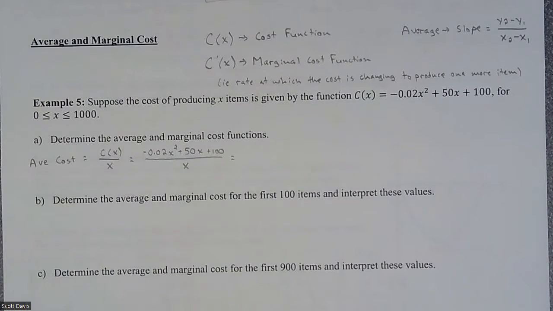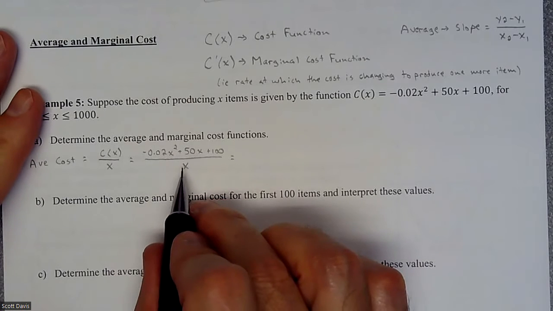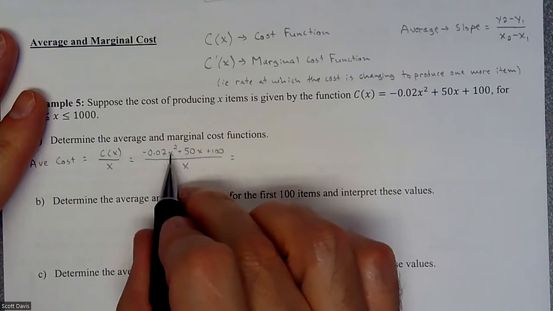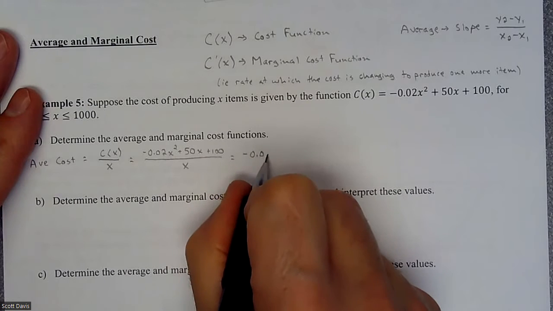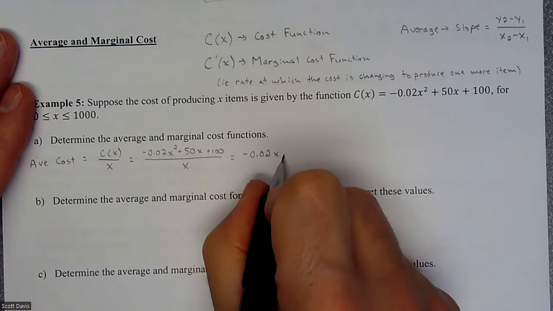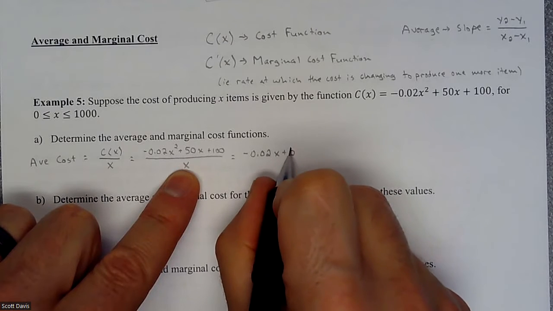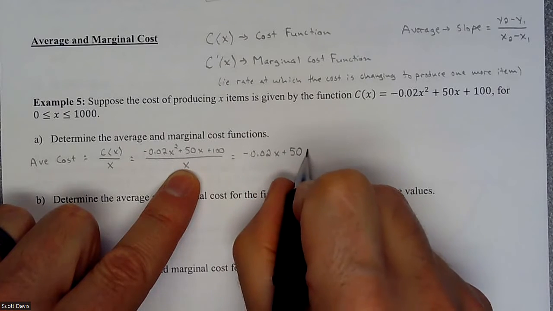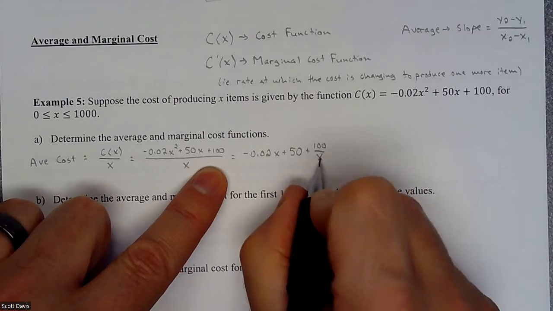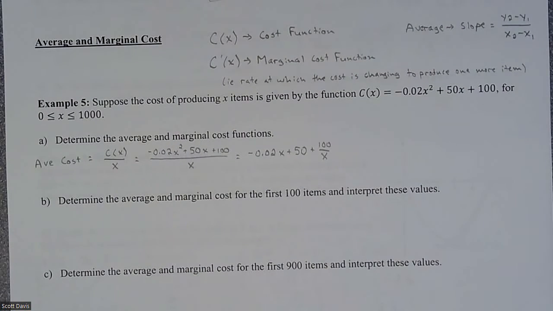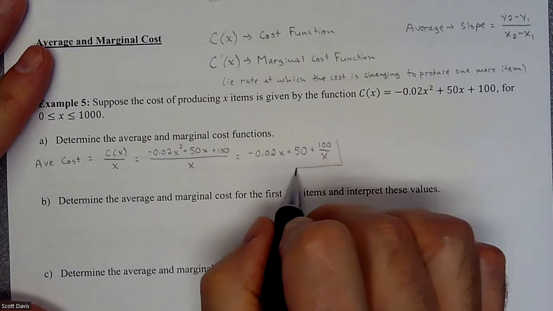So if we look at the math on this, we could actually divide this x into each one, and that's going to turn into a negative 0.02x plus, divide the x into that, so that's going to be a plus 50. And then divide the x into this, and that's going to be 100 over x. All right, so that's your average cost equation.